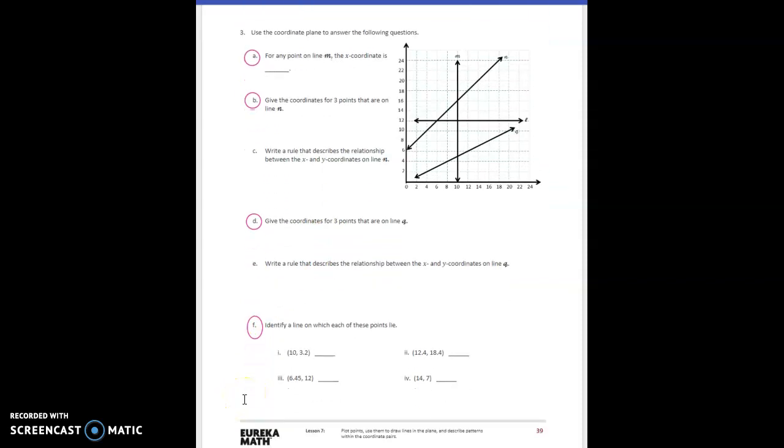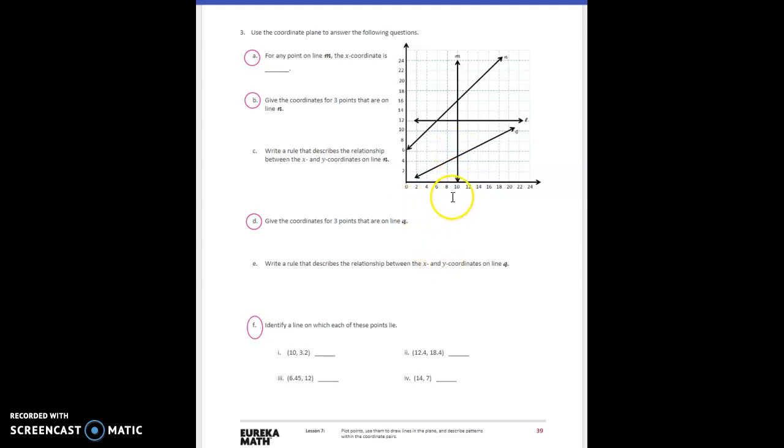And then F, identify a line on which each of these points lie. So you have to go over and find 10 and 3.2. So you have to go over and you have to go up and figure out what line that would be on. Okay, if x is 10, what line is it on?